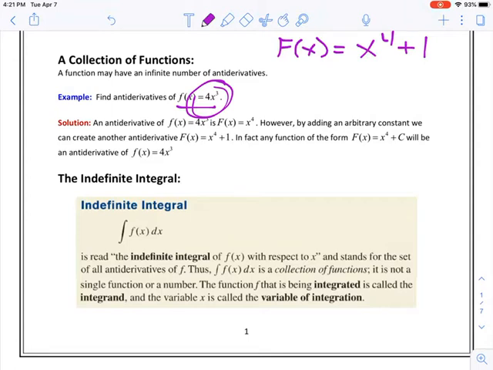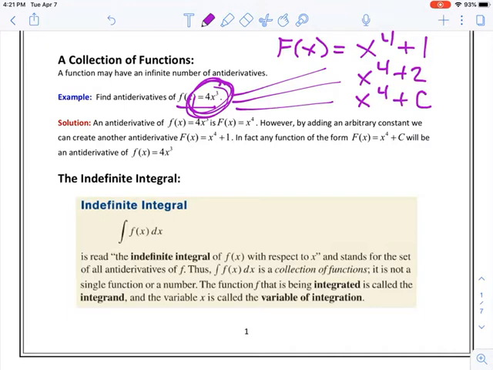Well, what if we had x to the fourth plus 2? Well, the derivative of that is 4x cubed. In fact, x to the fourth plus any constant c, the derivative is going to be 4x cubed. So if we want to find the antiderivative of 4x cubed, how do we know which one of these is correct? Well, we don't.